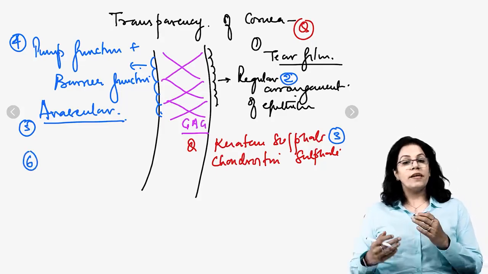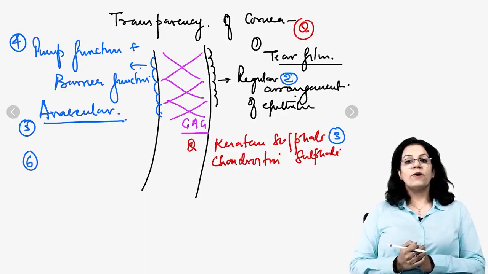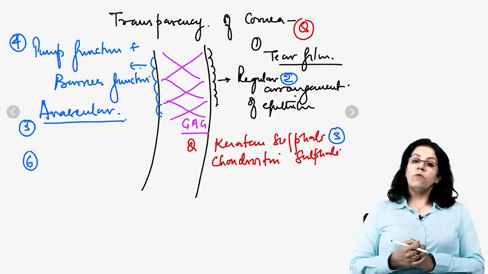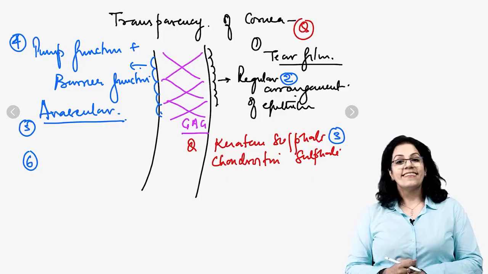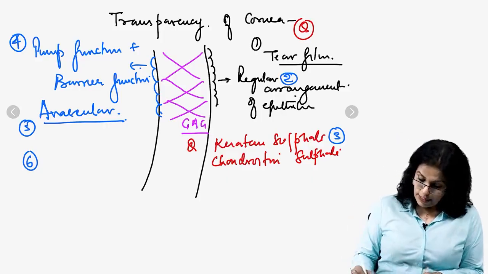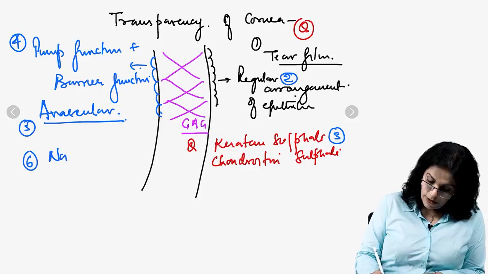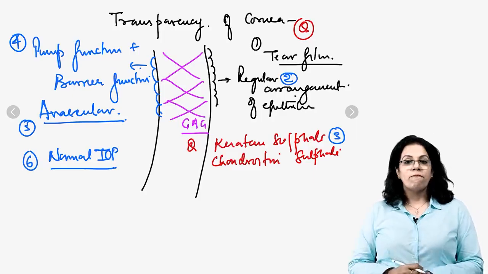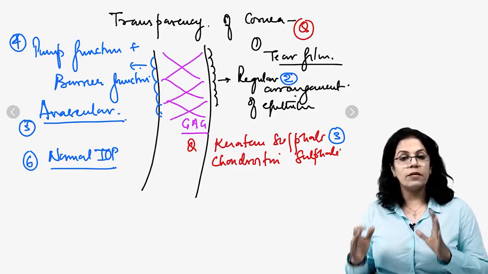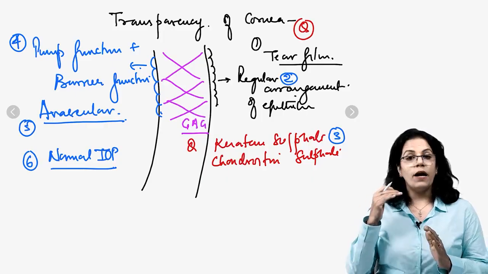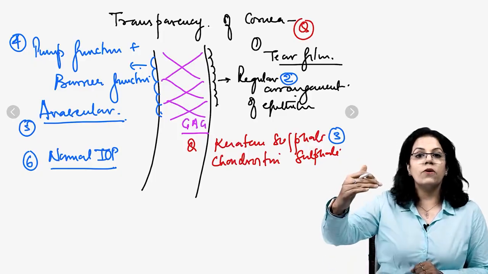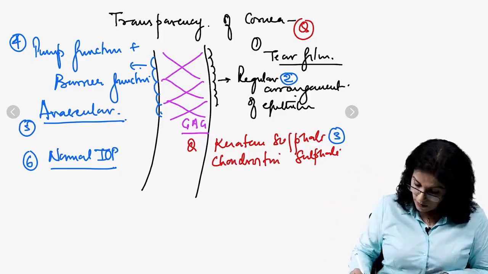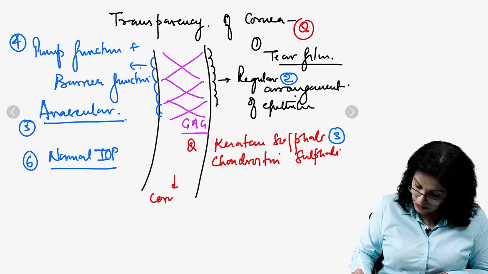Yes. If you are going to study acute congestive glaucoma, where the pressures go up to 60 millimeters of mercury, we are getting again edema. So, very important is normal intraocular pressure. Why is the transparency lost? Because the basic stromal pressure of the cornea, the IOP should be less than that. Whenever the intraocular pressure goes more than the corneal stromal pressure, so we will learn here what is the normal corneal stromal pressure.